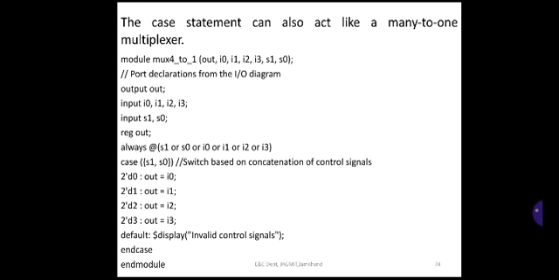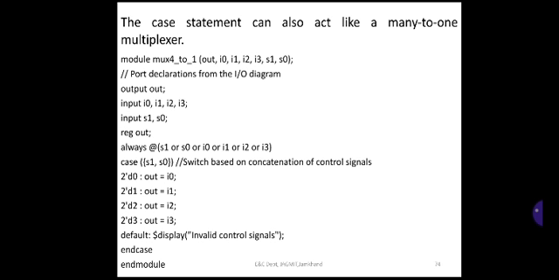If your value is not 00 in S1 and S0, if it is 01, then the second alternative 2'd1 is executed because it matches. Then out is equal to I1 is executed.